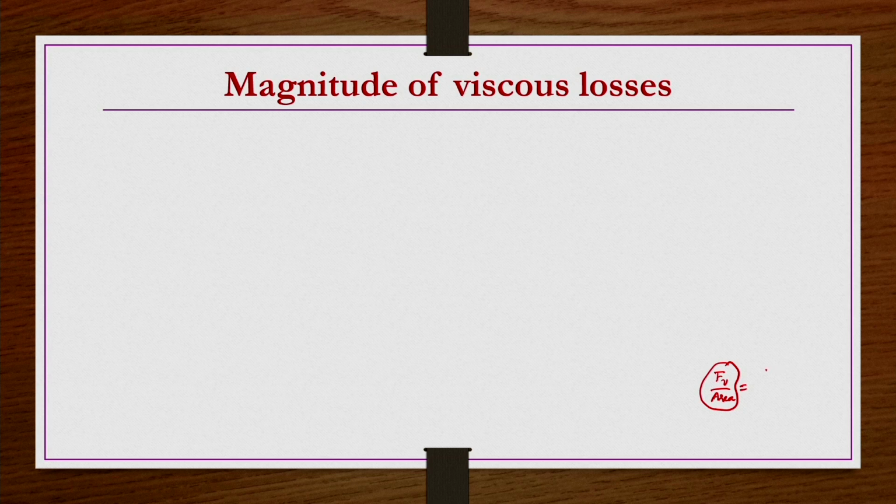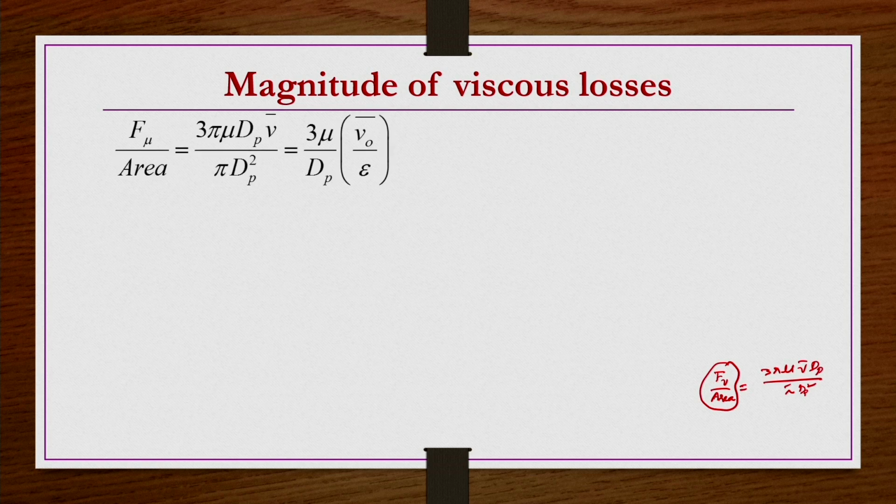That is 3 pi mu v bar d, and then dividing by the area of the particle, pi dp square, pi is cancelled out, and then we get 3 mu by dp, since one dp cancels with the square of dp. So 3 mu by dp, where v bar is nothing but v naught bar by epsilon.